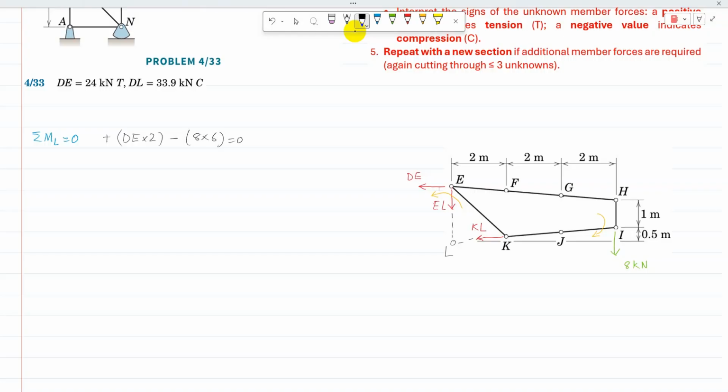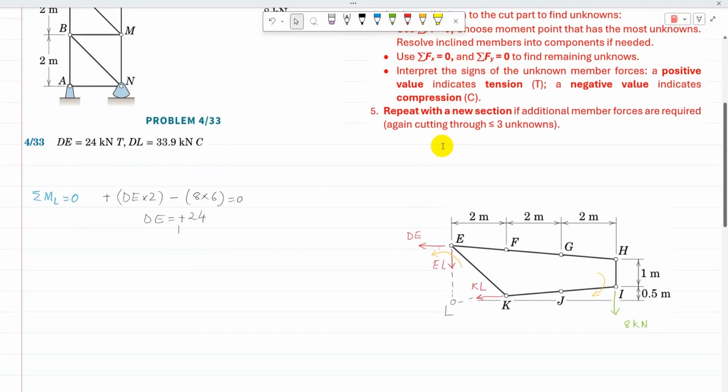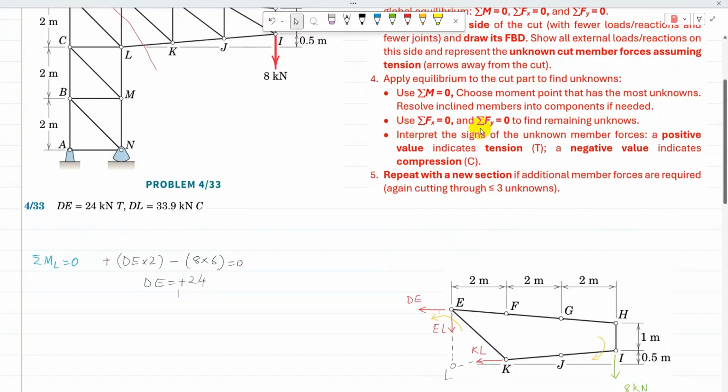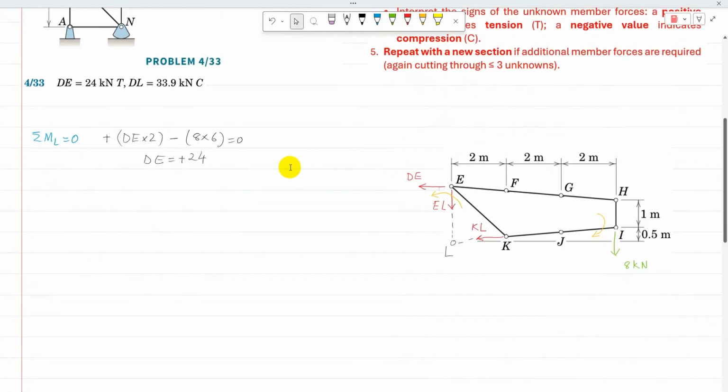So 2DE is equal to 48, and from here DE is 24 kilonewton, and DE is positive. Interpretation of the sign: a positive value indicates tension and a negative value indicates compression. So DE is equal to 24 kilonewton in tension.